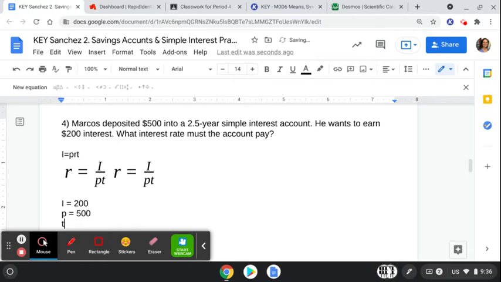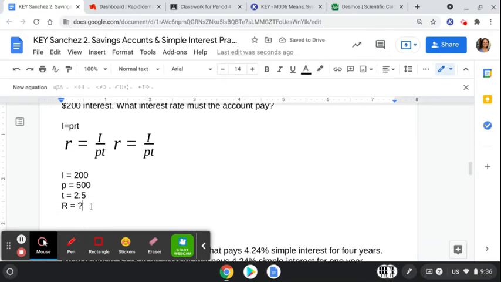Oh, and then the time, 2.5 years. And we're trying to find the rate. So that's our unknown. So going to plug in, we've got 200 in interest that he's trying to earn with principal of 500 and time of 2.5 years.